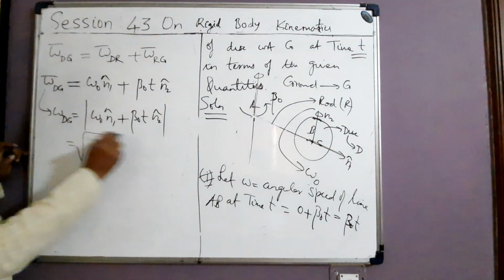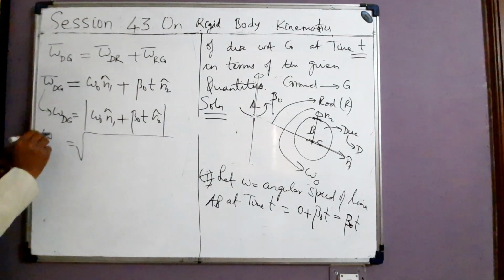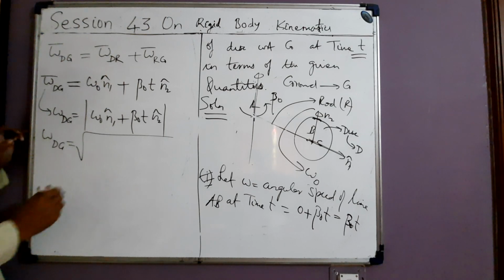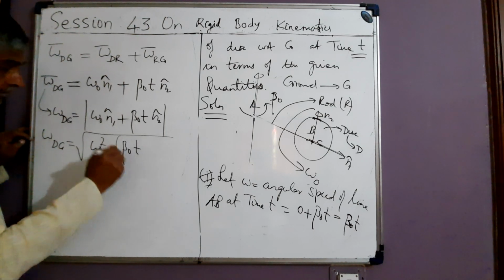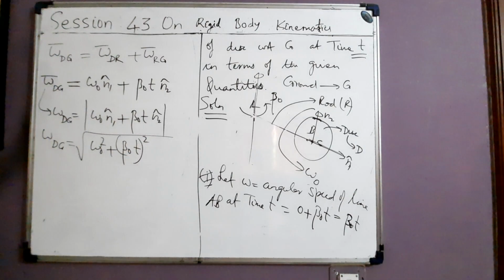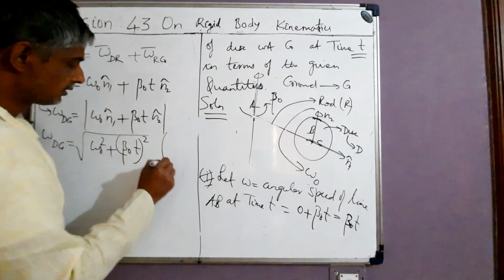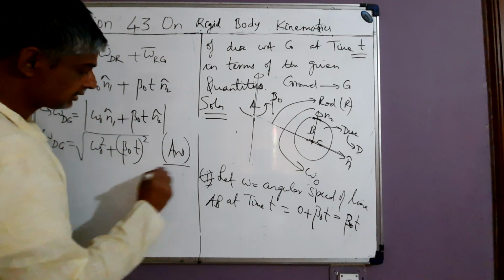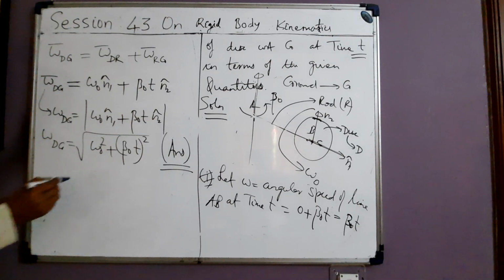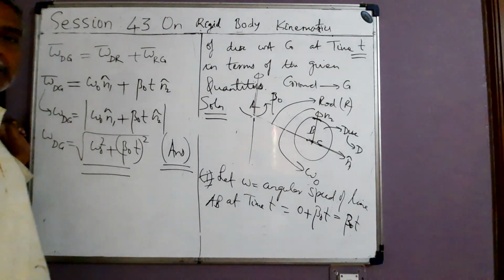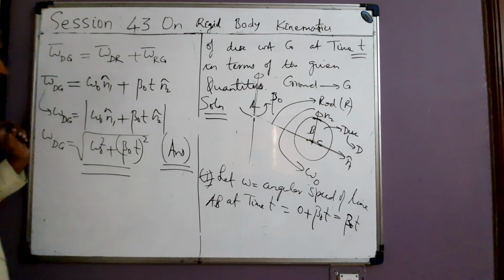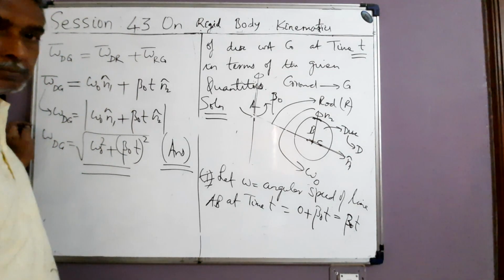So from the property of vectors and Pythagoras theorem, it follows that the angular speed of disk with respect to ground is root under omega naught square plus beta naught t whole square. This is the answer to the first part of the question.